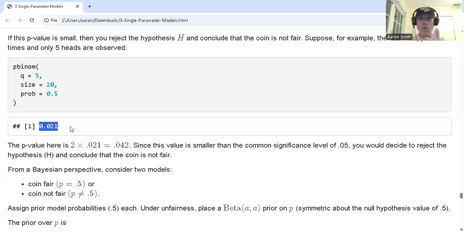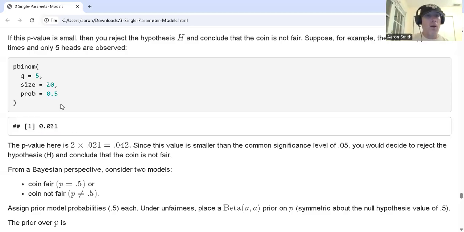Either the binomial distribution aspect is wrong, independent identically distributed is wrong, or the probability of heads is wrong, somewhere there. And how we present classic hypothesis testing is that the distribution assumptions are correct, but the parameters are up for debate. So, we would reject the null hypothesis in favor of the alternative, conclude that the coin is not fair.